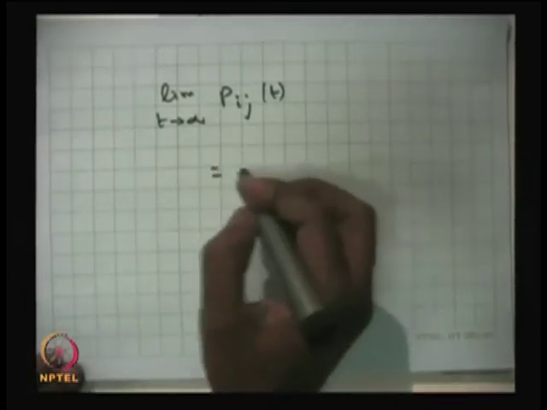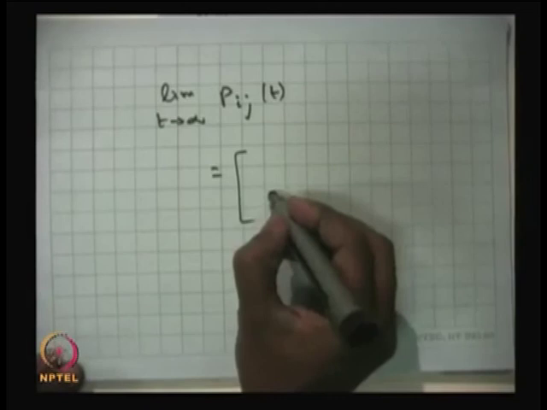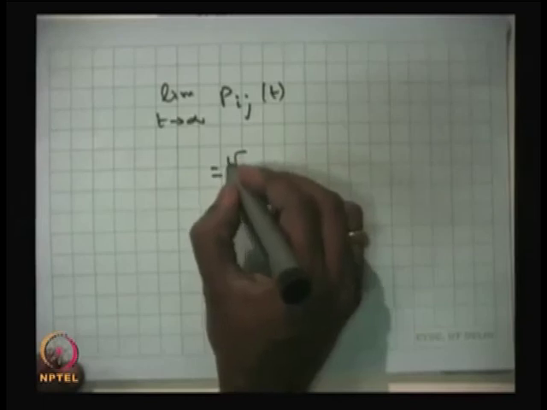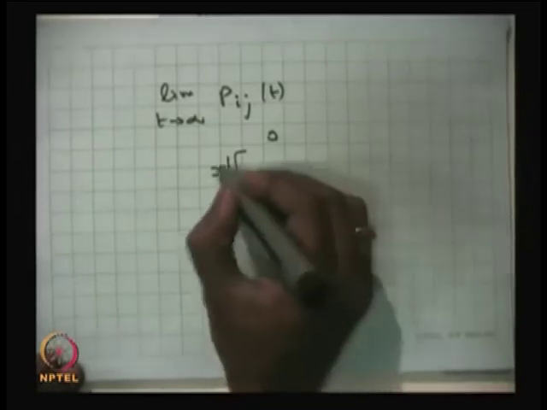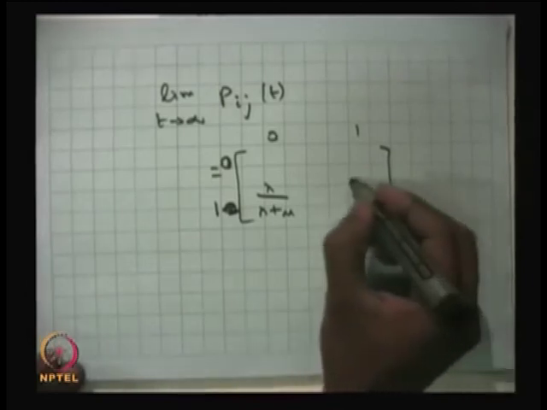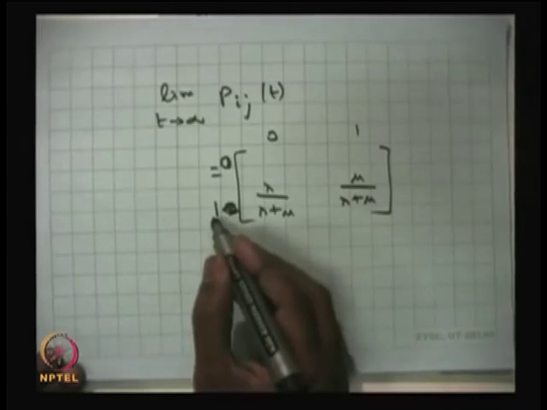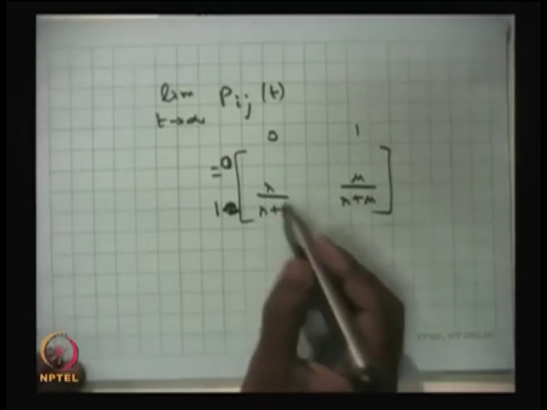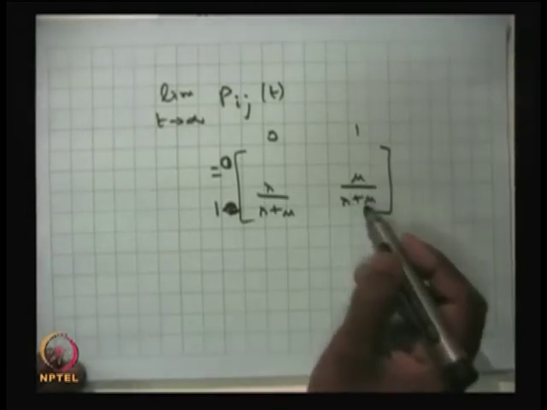For now we are doing the second row, which is lambda divided by lambda plus mu and mu divided by lambda plus mu. So, if the system starts from state 1, as t tends to infinity the system will be in state 0 with probability lambda divided by lambda plus mu, and in state 1 with probability mu divided by lambda plus mu.